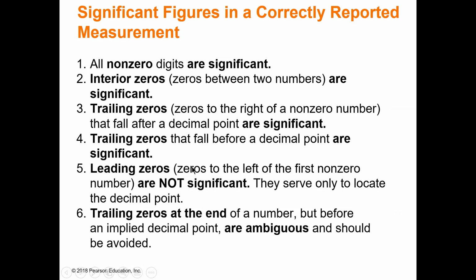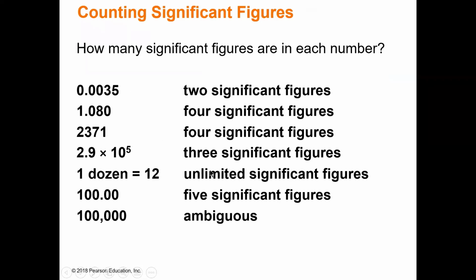A couple of the rules: any non-zero numbers are significant. So the 3 and the 5 here are significant. Zeros that sit in front of the base number are insignificant. They don't play into precision. Precision doesn't work going out to the left. Precision increases as we move to the right.